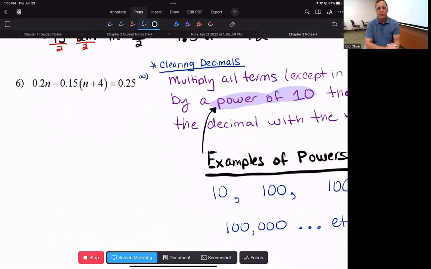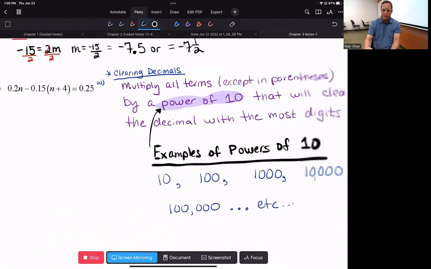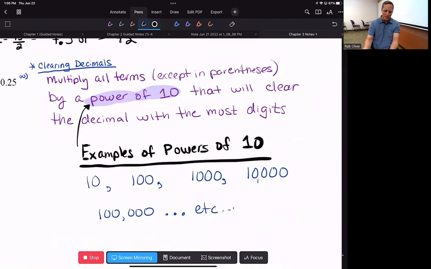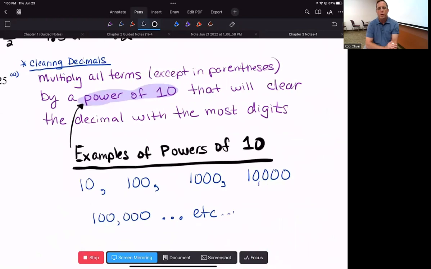Okay, for number 6, this gets into the process of clearing decimals. Now make sure you write this down. I'm going to go ahead and talk about it. What I have written down there for clearing decimals is that you want to multiply all terms, except, just like we did before, what's inside parentheses, by a power of 10.